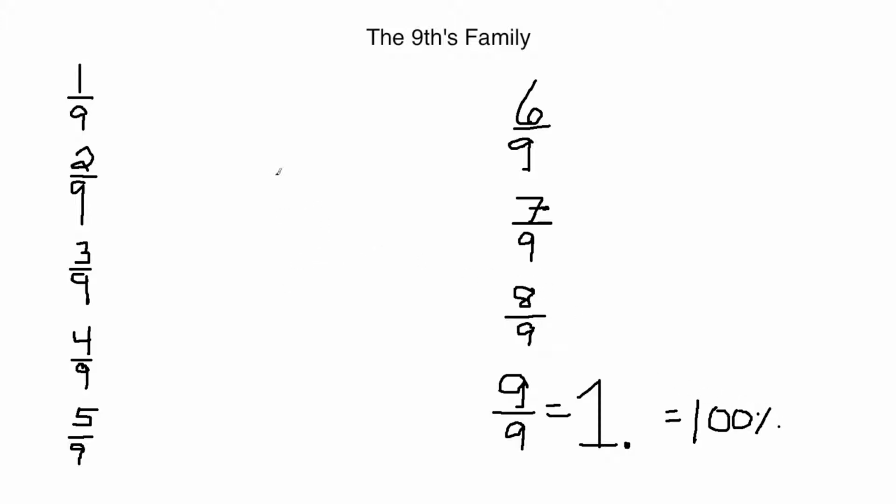Now we need to ask ourselves, what family members that we have done so far can go into the 9ths? And there's only one, the 3rds. And the only 3rds, there's 1/3 and 2/3. Can you pick out 1/3?